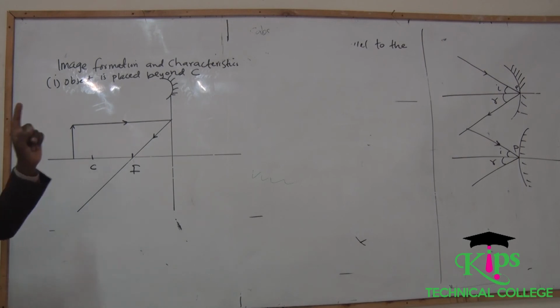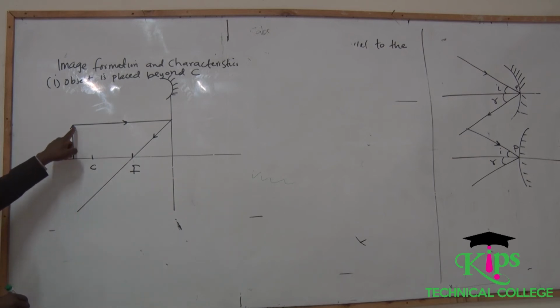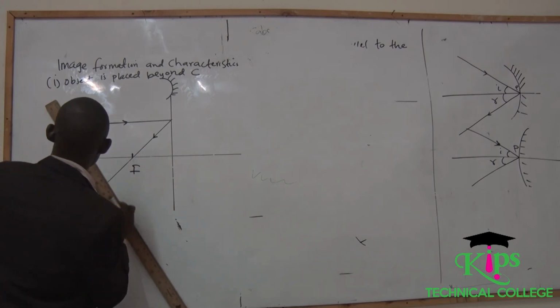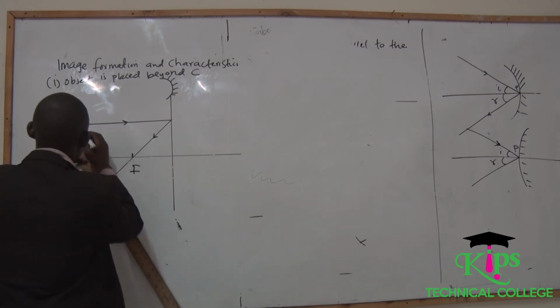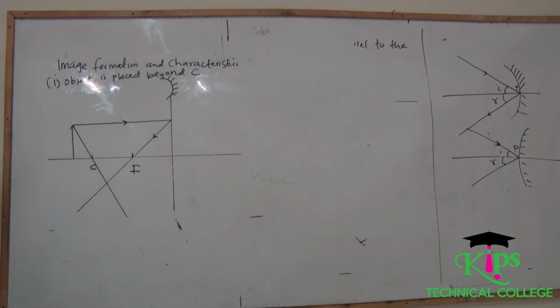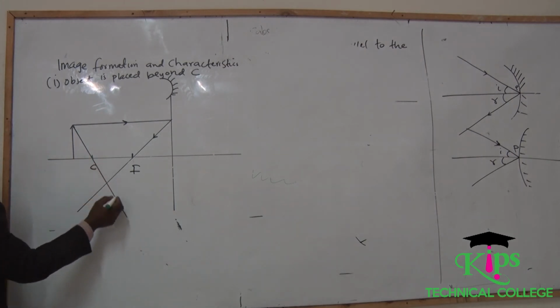That is the first point you must master. The second ray goes through the center of curvature. The second ray will be made to pass through the center of curvature, like that.